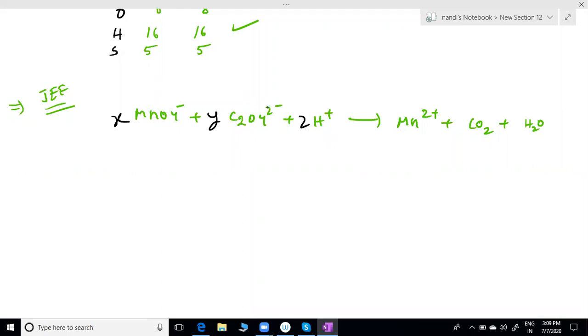First calculate the n factor. Okay, can I try?